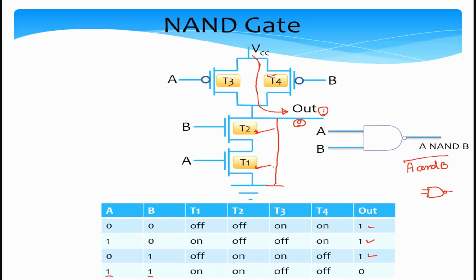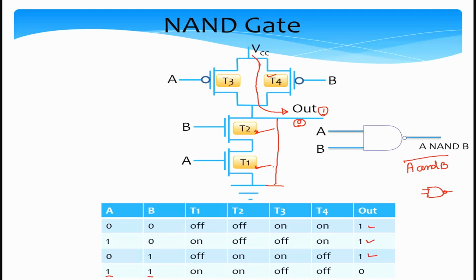So this is the operation of the NAND gate, which is very different from that of the NOR gate. The important take home point is that in the previous case we connected the NMOS transistors in parallel and the PMOS in series, and for this case we are connecting the NMOS transistors in series and the PMOS in parallel. How do we analyze such circuits?